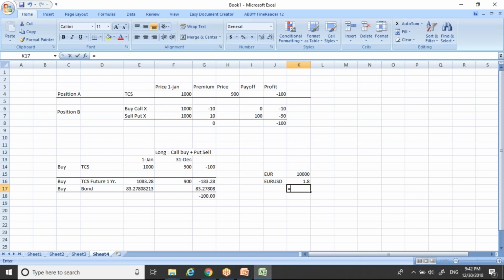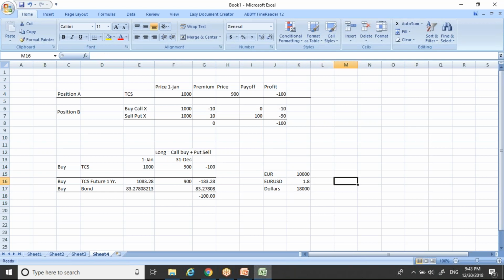So basically you have to pay this into this, so around $18,000 you have to pay to clear your debt, let's suppose.